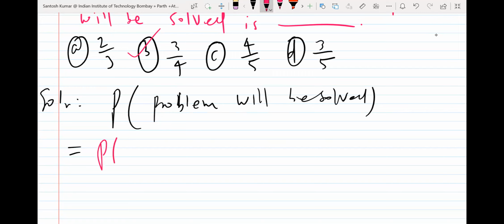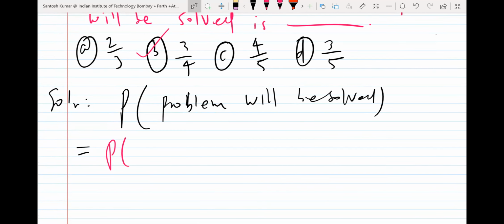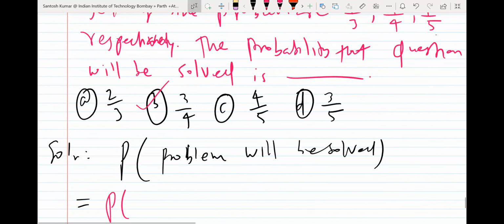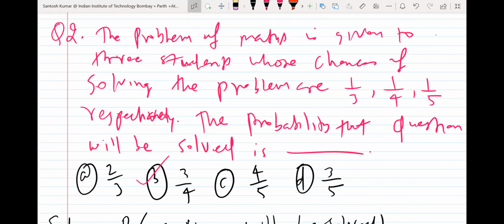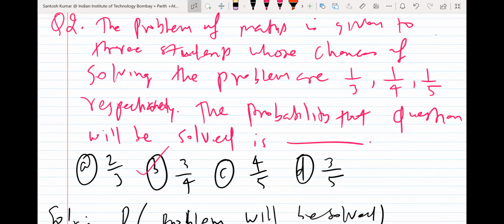See, the problem will be solved. Not by all three. It's not necessary that all three will solve the problem. There is only one problem given to three different students, and they all are independent. Suppose in exams they have given a problem to three students.